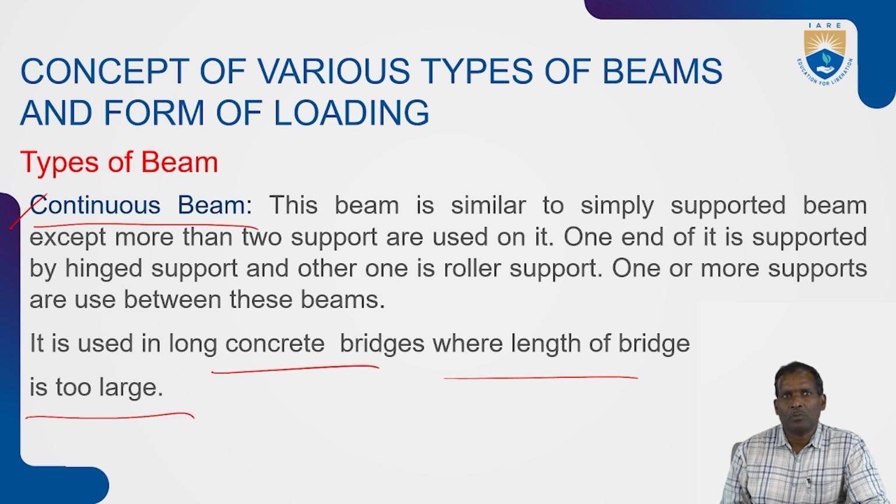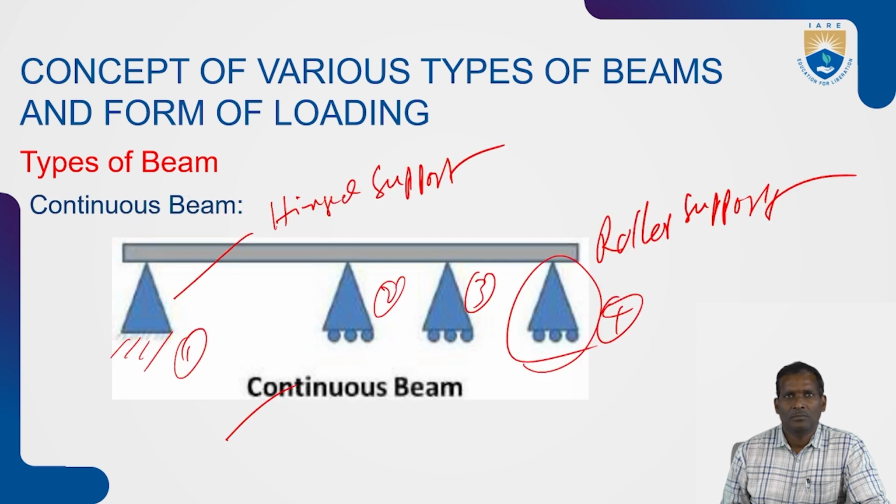So one or more supports are used between these beams. These types of beams are called continuous beams. It is used in long concrete bridges where the length of the bridge is too large. So total 4 supports are used.